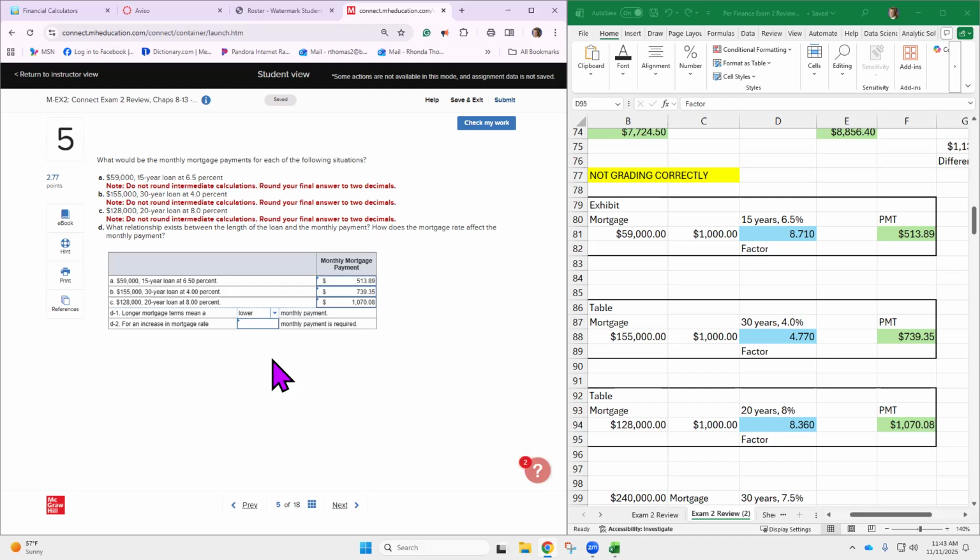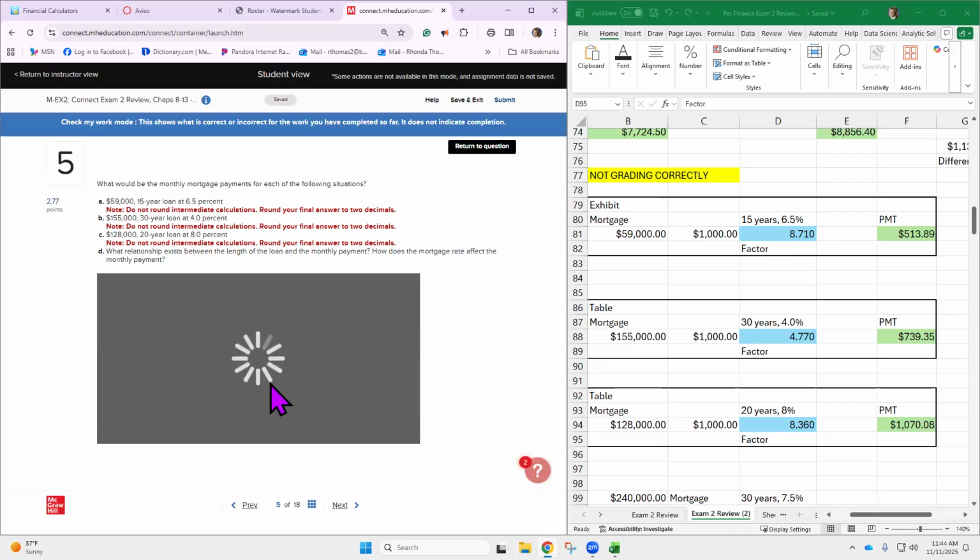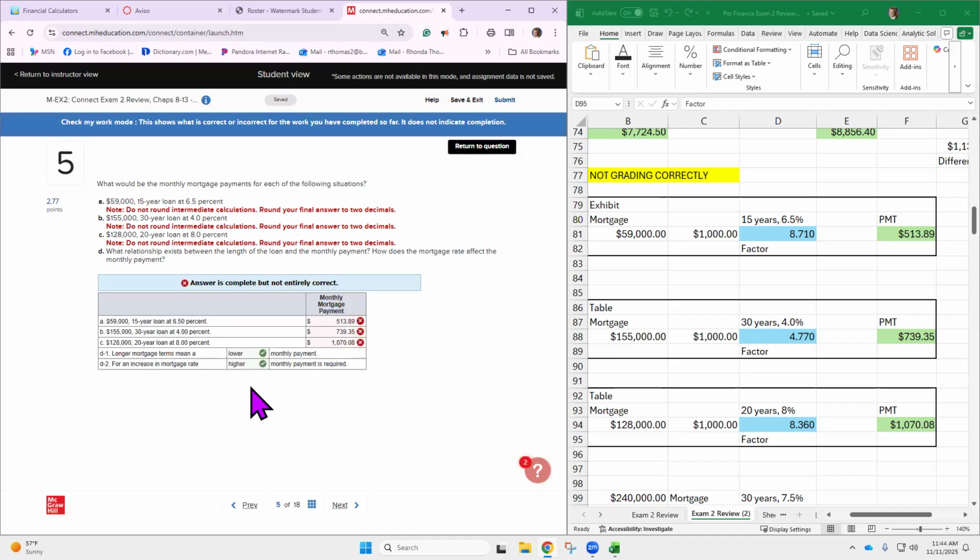But the other thing is, if your mortgage rate is higher, what's the highest one here? 8%. They're going to pay a higher monthly payment. If you have an adjustable rate mortgage that adjusts with the economy up and down, then your payment will be more or less based on which direction the interest rates are going. I think we got those 2 right.